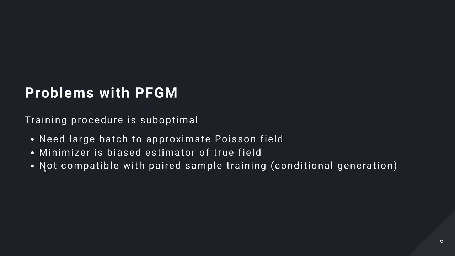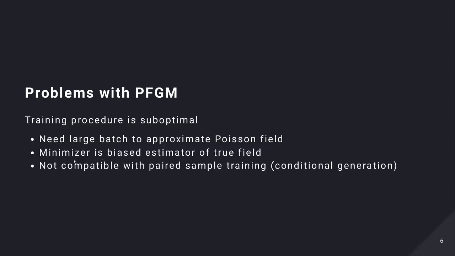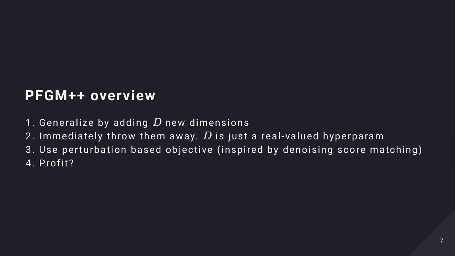And also because you had this complicated thing with sampling a large batch of data points to approximate the field, that made it not super compatible with paired sample training, which is what you need for conditional generation. So all of these problems meant that although the actual PFGM models were competitive with diffusion models, the training was a bit of a problem.